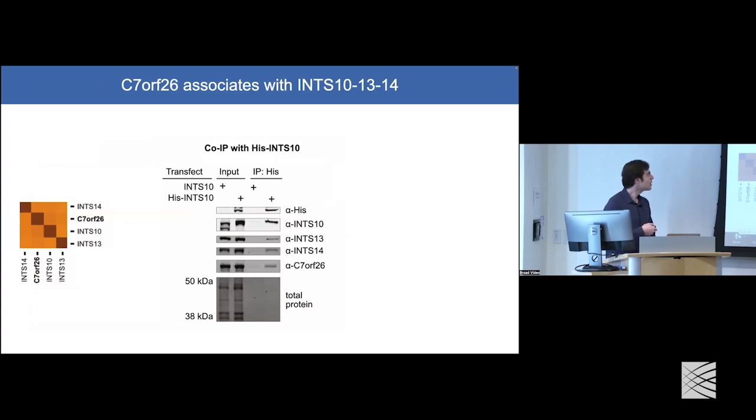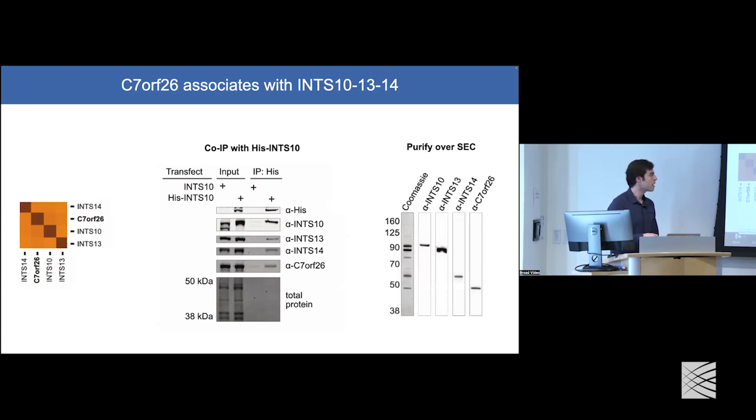So one thing that we checked is that we just wanted to confirm that this uncharacterized gene, C7orf26, we wanted to know whether it really was a core component of the integrator complex. And so we were able to co-IP it with the integrator complex, at least with this specific 10, 13, 14, 15 component.